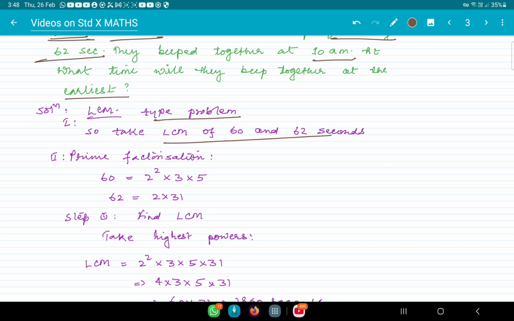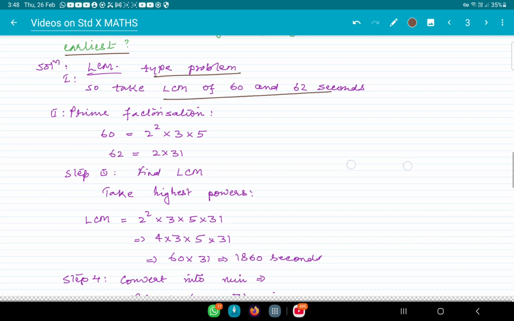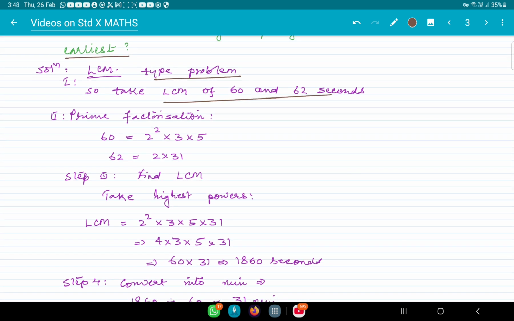I will give you a trick to check some words, through which you can easily judge whether it is an LCM type problem or an HCF type problem, because you know how to do LCM and how to do HCF. The only problem is deciding which thing you should do, whether LCM or HCF.